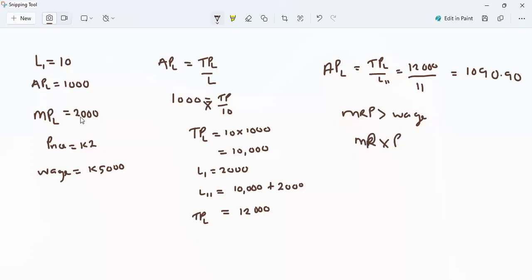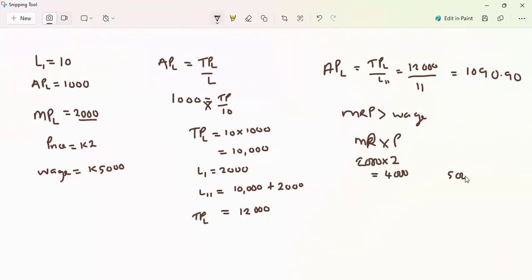So this person is bringing an additional 2,000, and each unit, if you calculate times 2, we are going to have 4,000. Now this 4,000, you compare it to the 5,000.